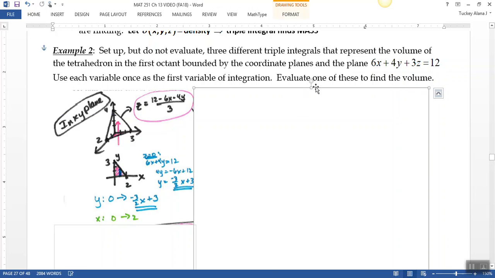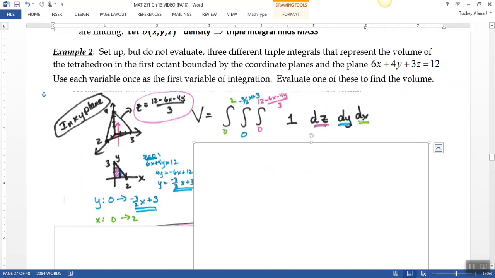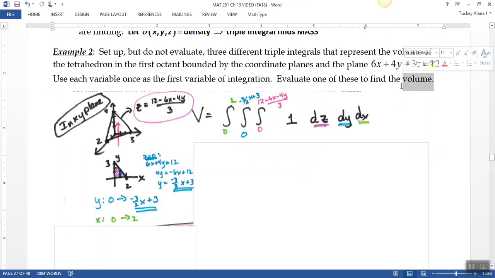Okay, so when I want to write this volume function, I want to take the 1 first of all because I'm finding volume. Since I'm finding volume, I'm going to use 1. If I'm trying to find mass, I would use a density function, but I didn't have one given to me. So I'm going to use 1, and then I'm going to do this with respect to z first because I'm doing this in the xy plane, right?